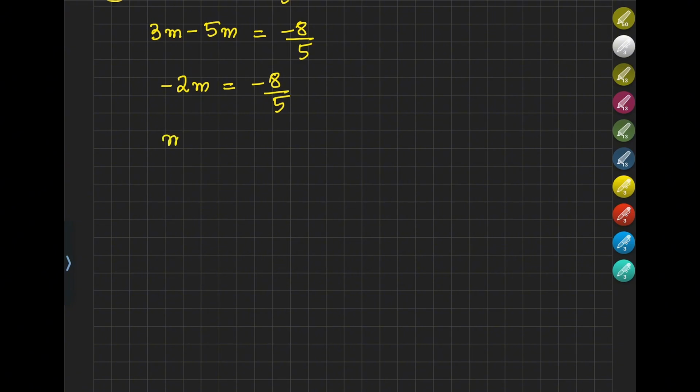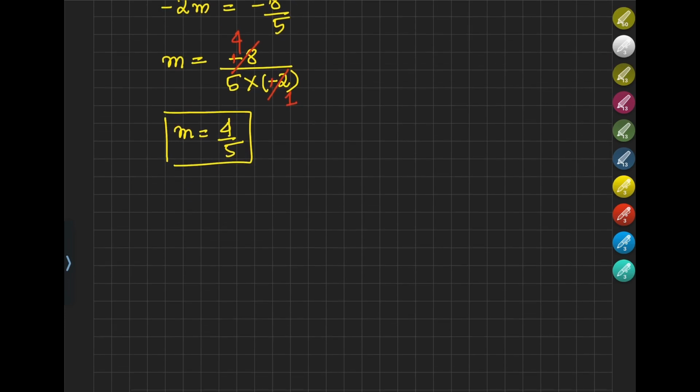Let us transpose -2 to the right hand side. So we get 1 times 4 by 5. Minus minus cancelled. So m = 4/5 is the solution of the equation.